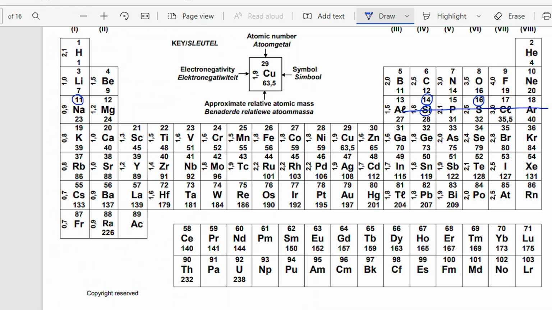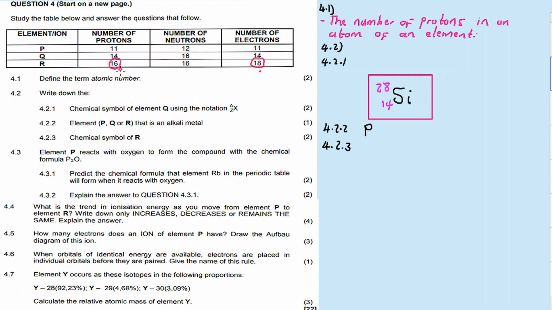4.2.3 element 16. Which element is 16? Element 16 is sulfur, but our sulfur has 18 electrons, meaning it has 2 extra electrons. We know that electrons and protons must be the same in number, but this one has 16 protons and 18 electrons, meaning 2 extra electrons.